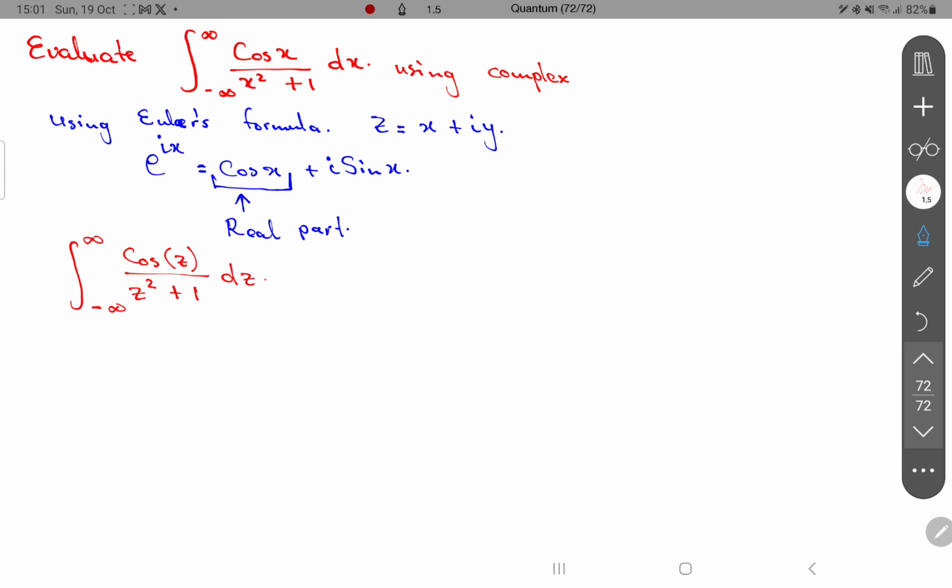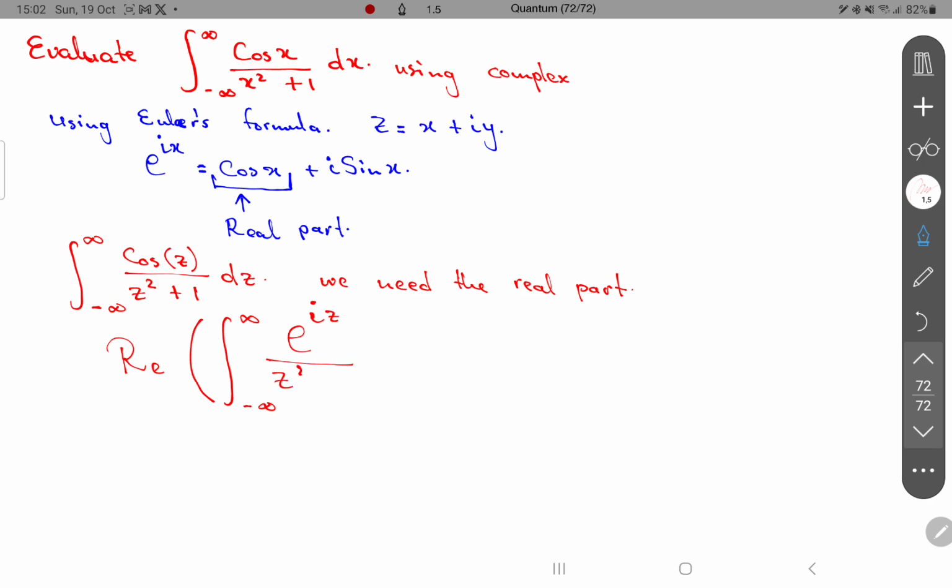So remember, we need the real part. So we will say the real part of the integral from negative infinity to infinity of e to the power i z all over z squared plus 1 dz, the real part of that.